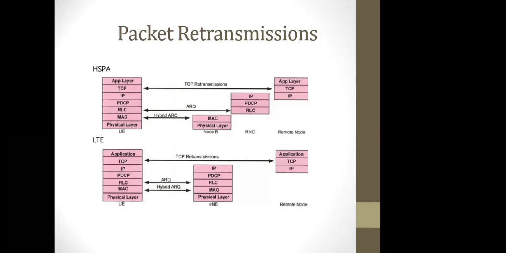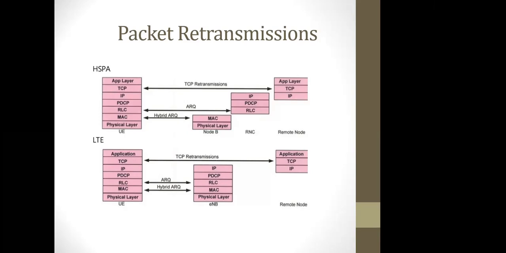So the MAC layer tries to correct them. If the MAC layer fails to correct, then its upper layer, RLC, will take over and try to correct. RLC can do the same packet retransmission. If it also fails, then the TCP layer will try to correct.